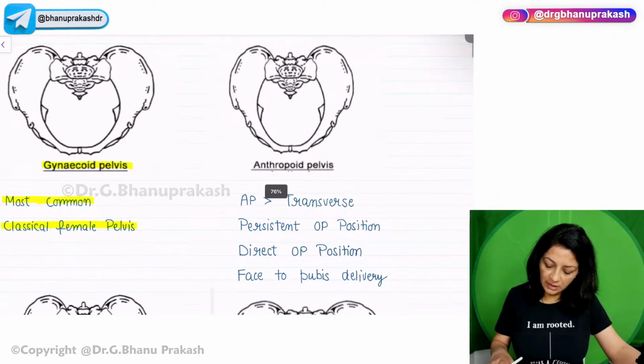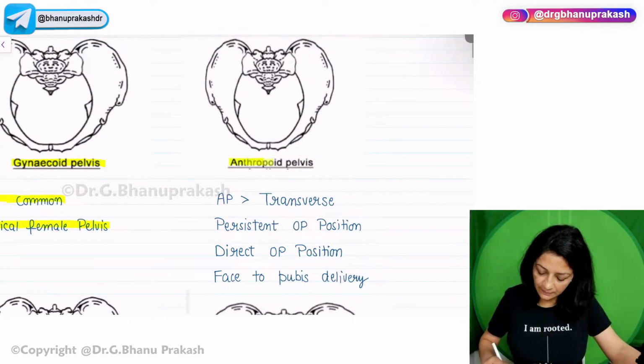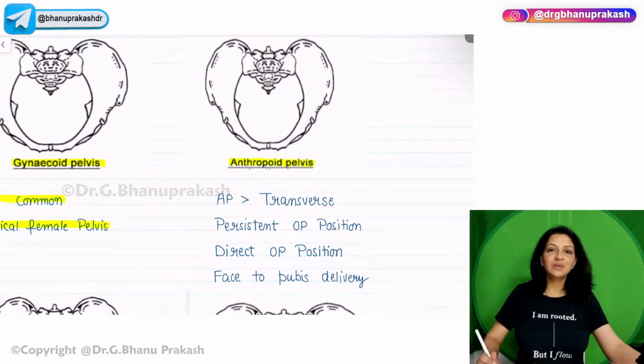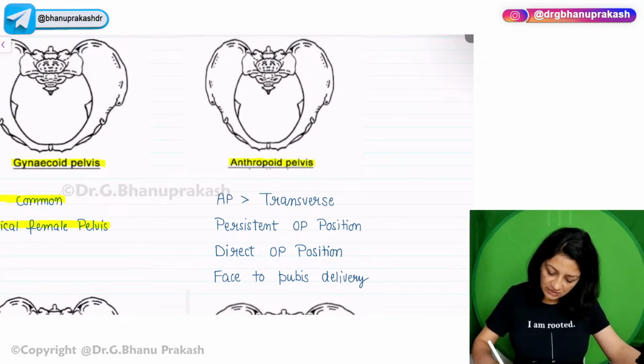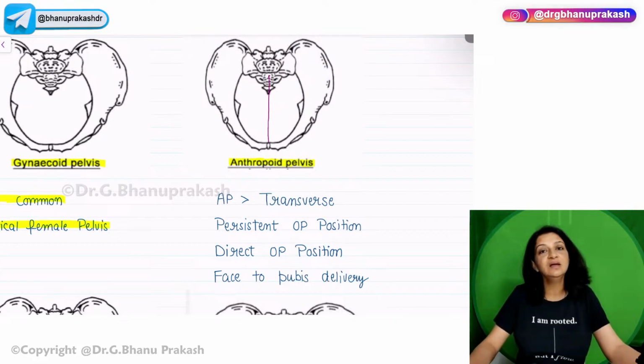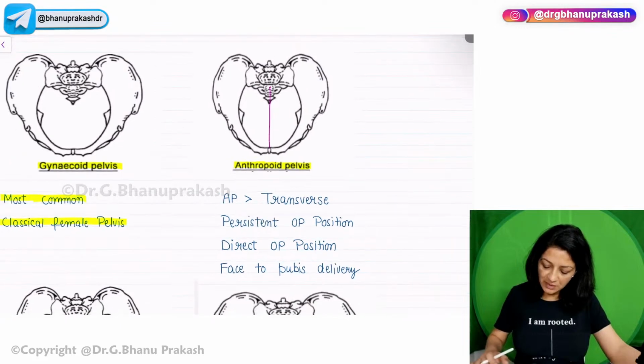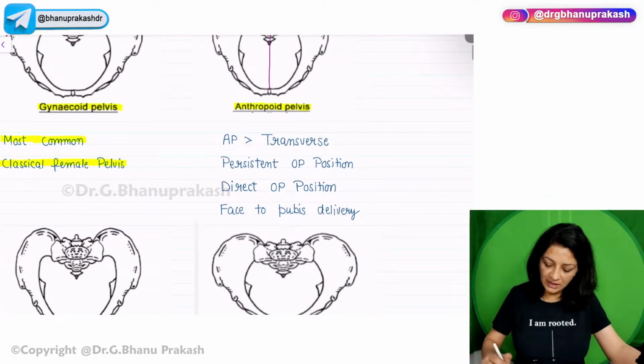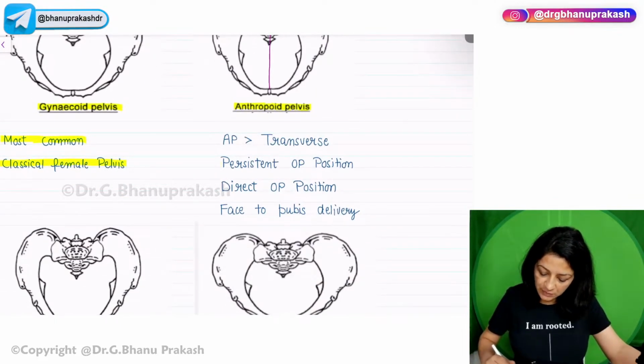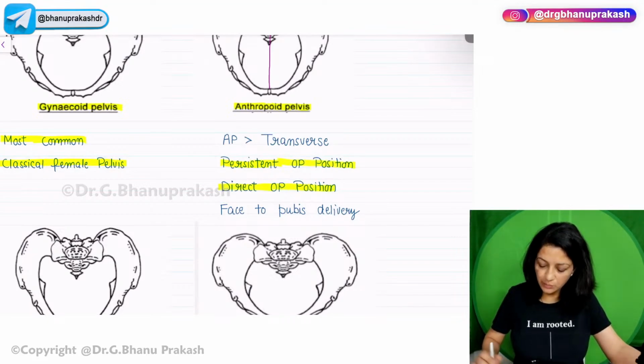Second one, anthropoid pelvis. In anthropoid pelvis, the anterior posterior diameter will be more than the transverse diameter. What will come in the question? Persistent occipito-posterior position or direct occipito-posterior position is seen in.